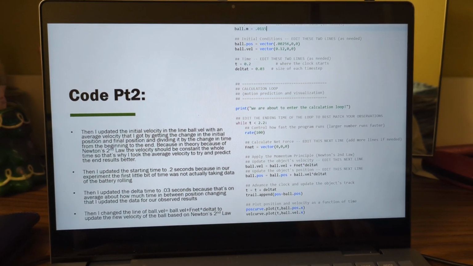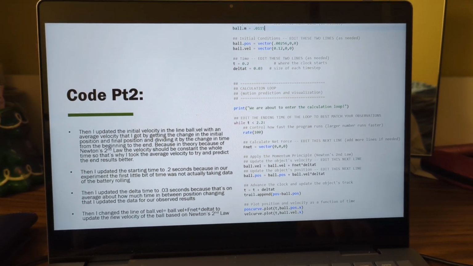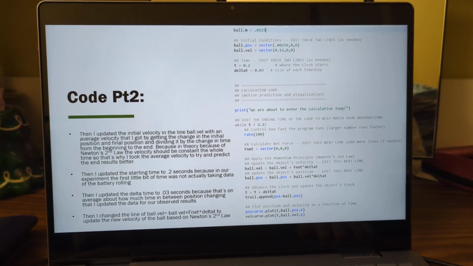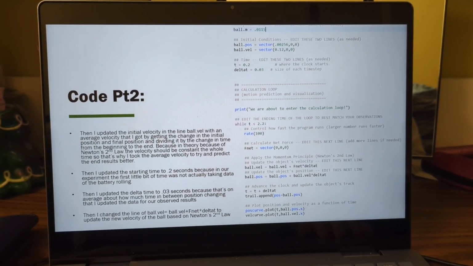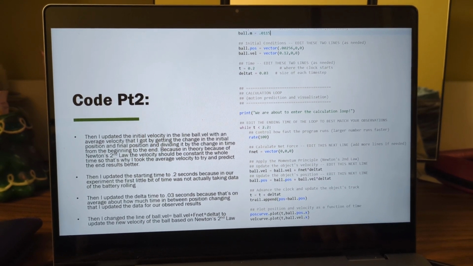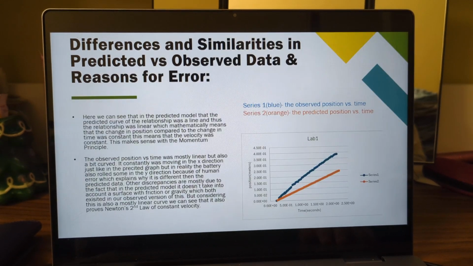Then I updated the start time to 0.2 seconds, and then I updated the delta t to 0.03 seconds. Then I changed the line of ball.velocity equals ball.velocity plus Fnet times delta t to update the new velocity of the ball based on Newton's second law. Here's the output of my code.